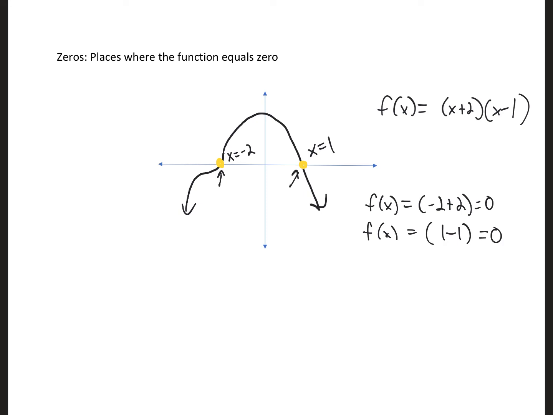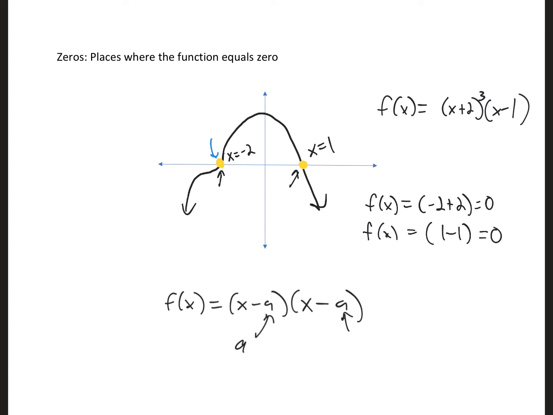So what we notice is that in this form, these values of a would be zeros. The next thing that I notice is this point here has an odd behavior. That is actually showing multiplicity. That x plus 2 factor is going to be multiplicity 3.